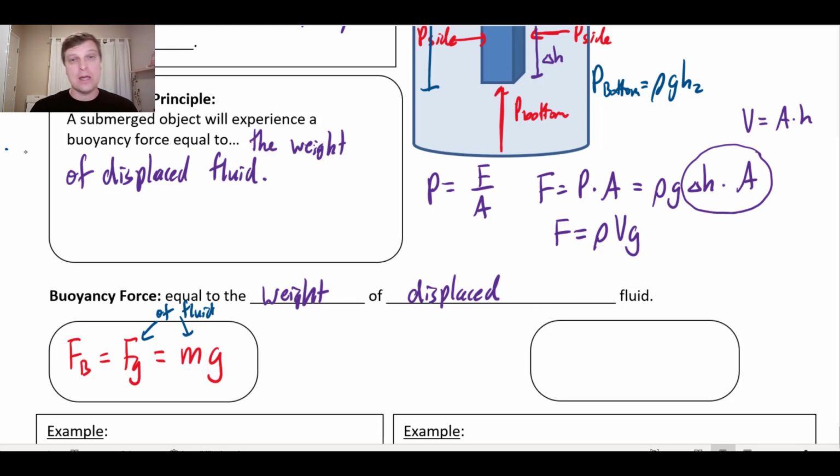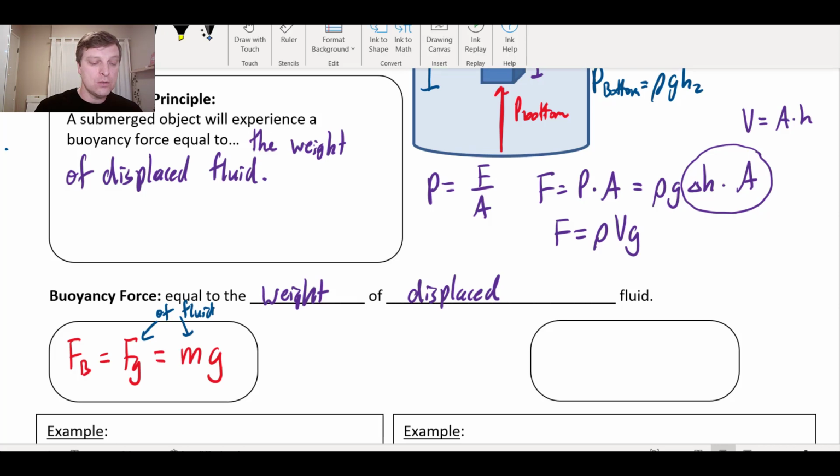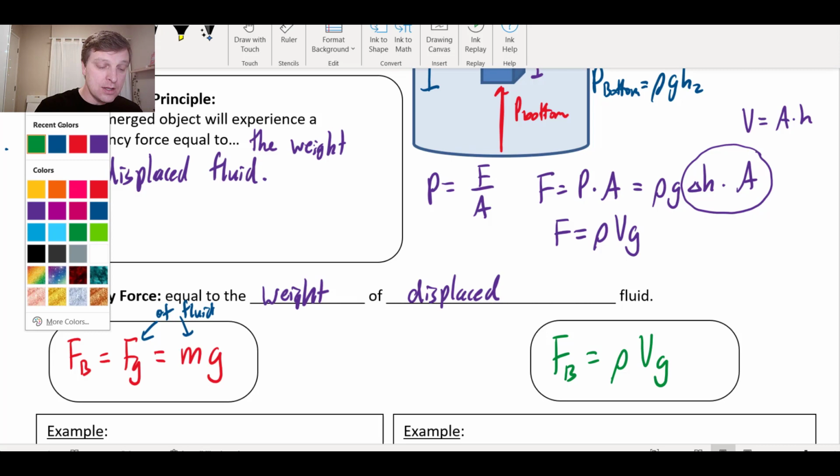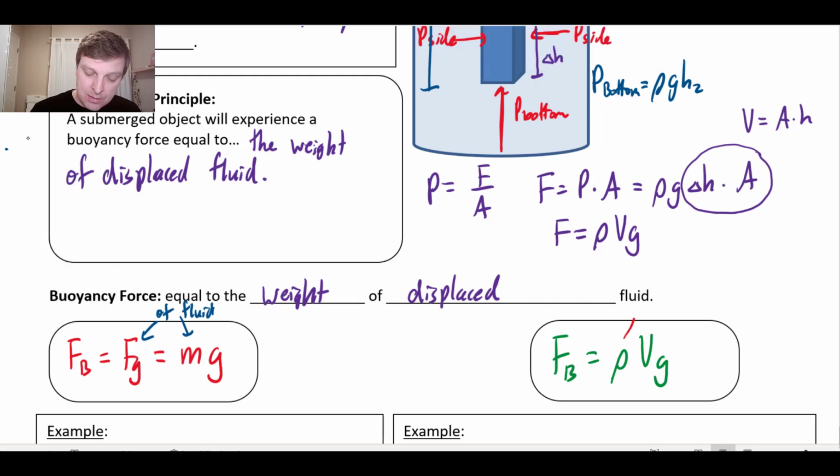The other way that we could calculate buoyancy force would be to use this other formula that we derived over here, which is to say that Fb is equal to rho Vg. Again, we need to recognize that in this case, what we're talking about is the density and the volume of the fluid. You'll see in some cases we can use the density and the volume of the object, but only if the object is completely submerged. So it's safer to just use the fluid.